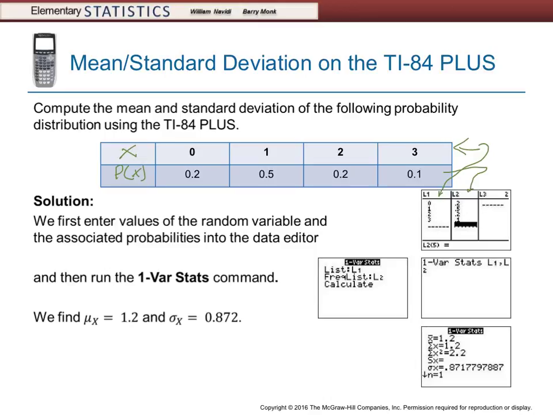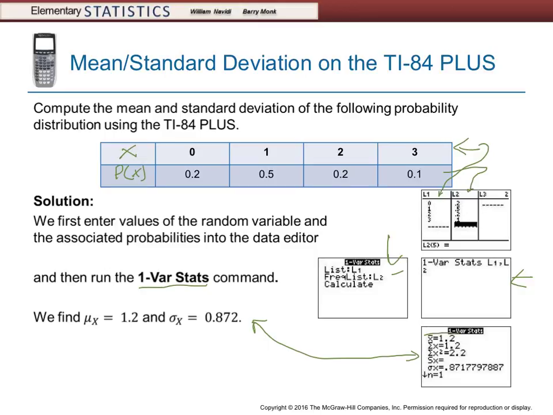Once we do that, we go over to select the one variable stats command, and then we either have this situation where we enter L1 comma L2, or we put in the X list, L1, and the frequency list, L2, and we hit calculate or enter, and then in this particular case we find the following results.